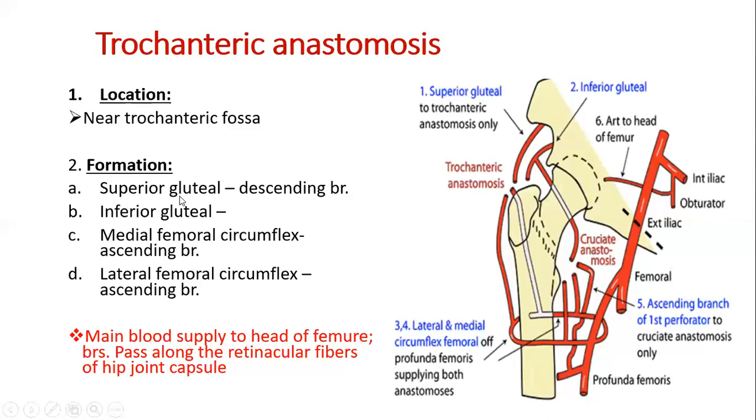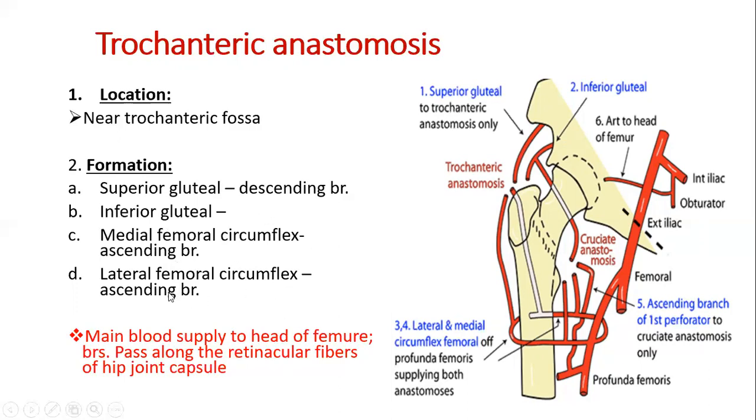What are the arteries and their branches that participate to form this anastomosis? We have superior gluteal artery through its descending branch. Then we have inferior gluteal artery itself. Then medial femoral artery through its ascending branch, and lateral femoral artery again through its ascending branch.